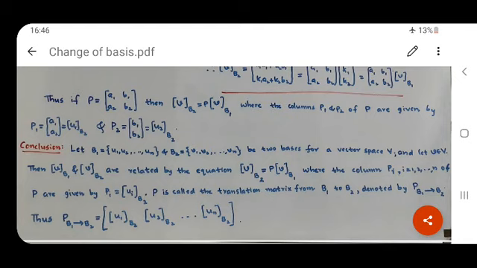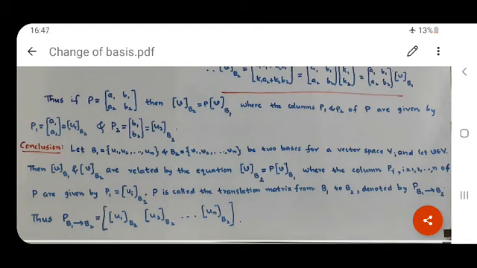So in order to change the basis from B1 to B2, we make the matrix P, where we express u1, u2, ..., un of B1 in terms of the elements of B2, and we consider the corresponding column vectors. Then P is called the transition matrix. Sorry, I have written translation; it is the transition matrix.